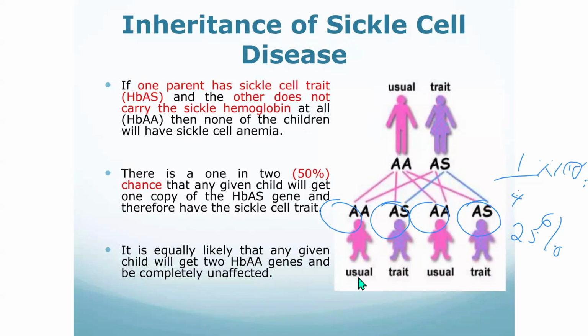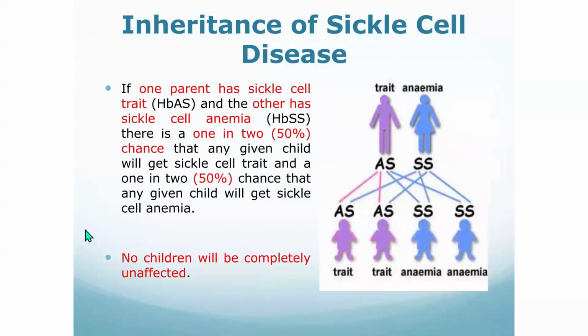And then, what happens if you have AS married to SS? There is a 50% chance that a child will have the anemia, and 50% of the children will be carriers. So no children will be completely unaffected.